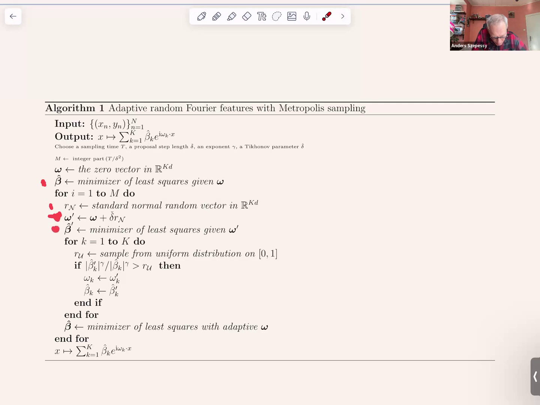You compute the proposal frequencies, now the proposal amplitudes, and then you check the Metropolis test, and you iterate over that and obtain a neural network.